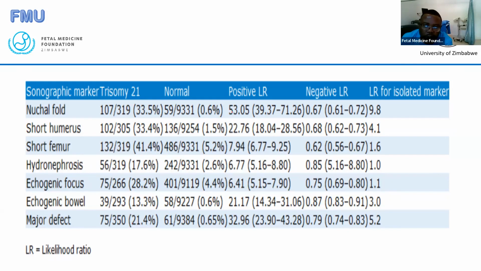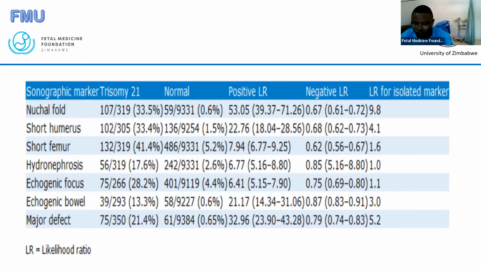So we are going to multiply this 53 by the negative likelihood ratio of these other ones, because these defects are absent. When we multiply with these numbers, we end up with 9.8. This is the likelihood ratio of an isolated nuchal fold.